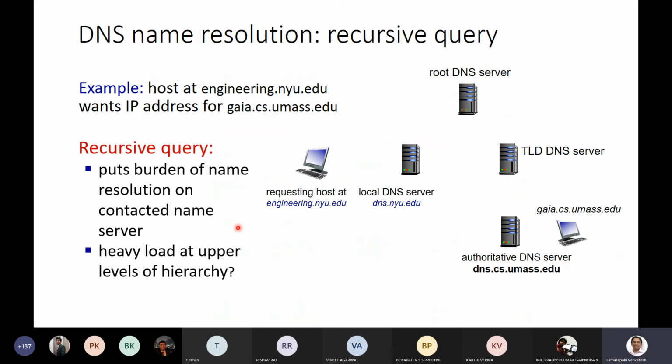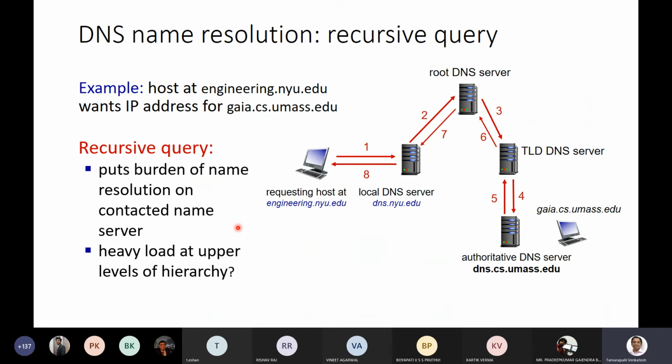Recursive query is where the root DNS server would take it on its behalf to do the complete resolution. Instead of pointing you to the TLD DNS server, it would itself contact the TLD DNS server. The TLD DNS server, since it does not have the complete information, would contact the authoritative DNS server. Then the authoritative DNS server would give the IP address to the TLD DNS server, which in turn sends it to the root DNS server, and this gives it back to the local DNS server.